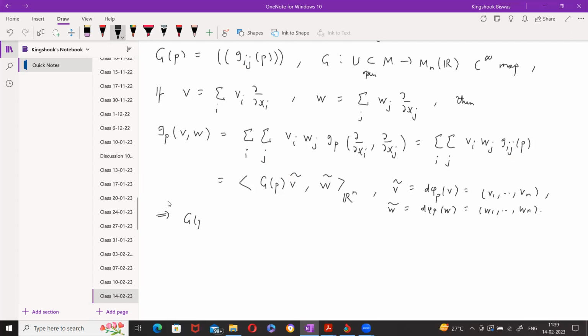So G of P is positive definite, and symmetric is obvious because Gij is G of del del xi, del del xj.